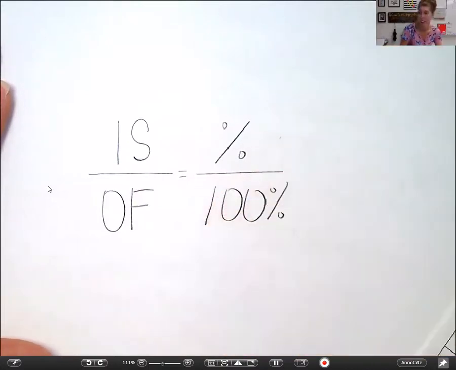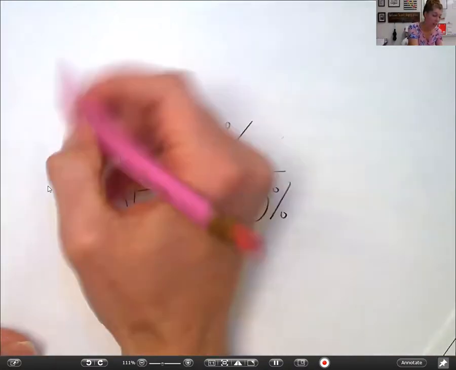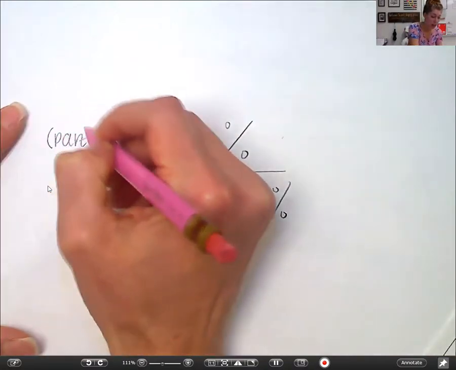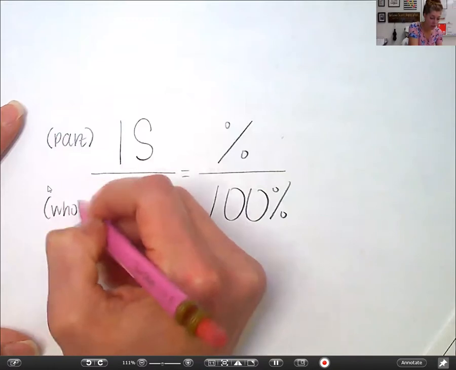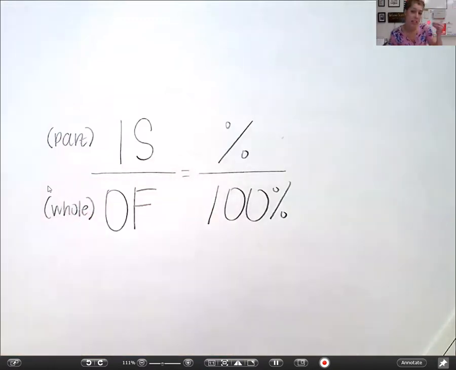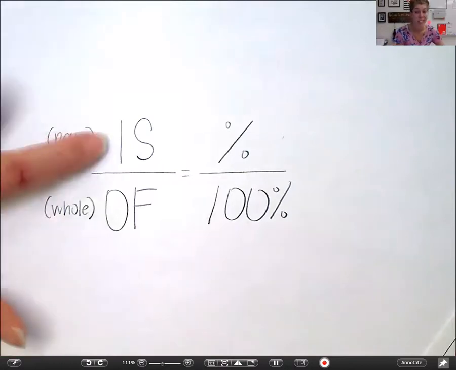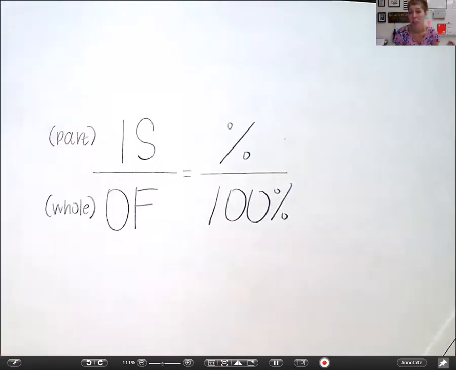100%. There we go. Now, the part over the whole, I only write is over of in those places because usually in these kind of no real world connotation problems, you're going to notice these words, and those are your best clues for where to plug them. So I want you to remember this.